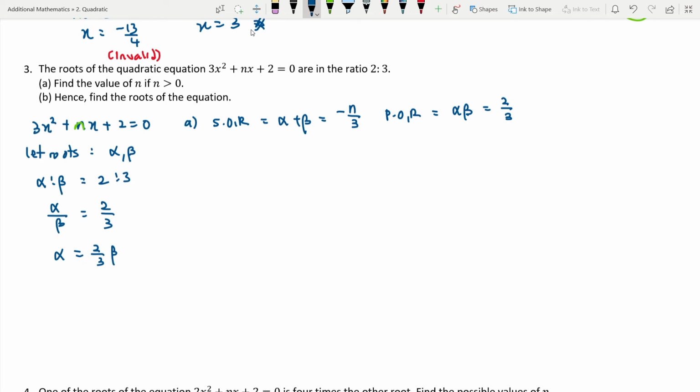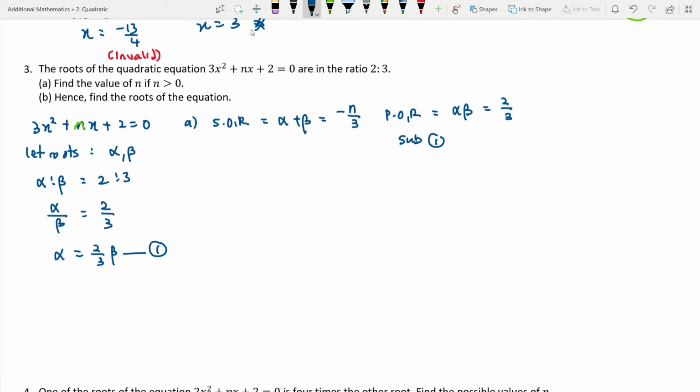The equation for sum of roots contains 3 unknowns, and the equation for product of roots contains only 2 unknowns. So we will solve for the product of roots first. We let this equation be equation 1.